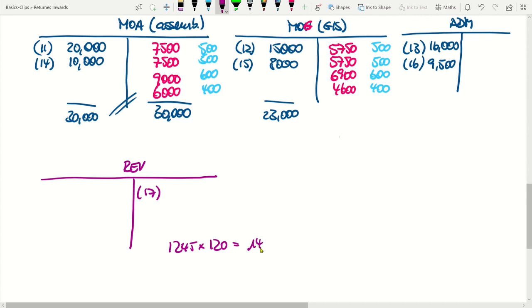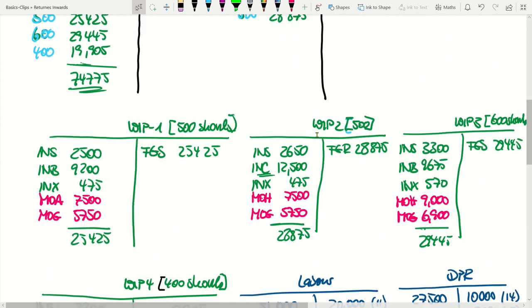Gives me 149,400. Contra entry is in cash bank.